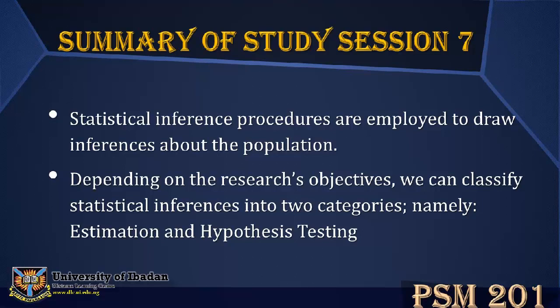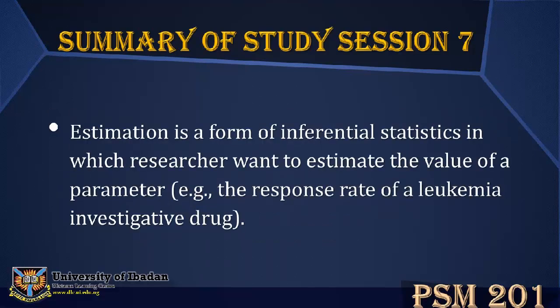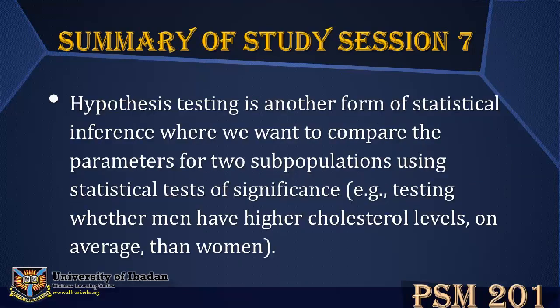Depending on the research objective, we can classify statistical inferences into two categories, namely estimation and hypothesis testing. Estimation is a form of inferential statistics in which a researcher wants to estimate the value of a parameter, e.g., the response rate of a leukemia investigative drug.